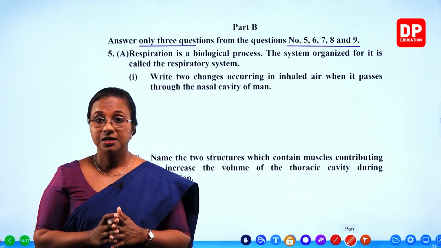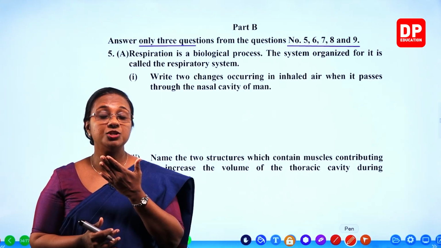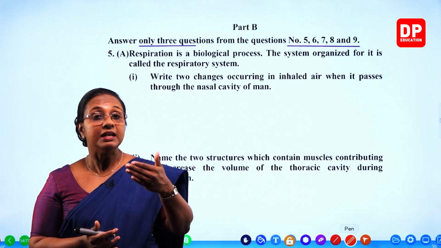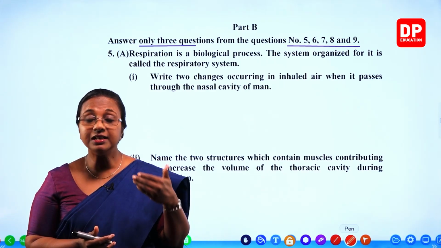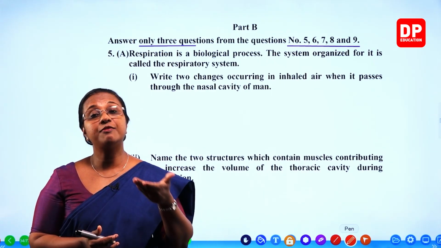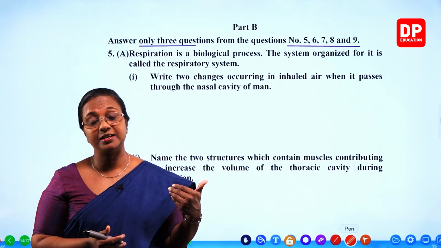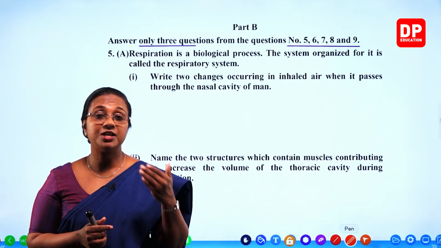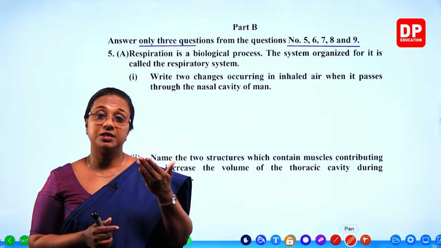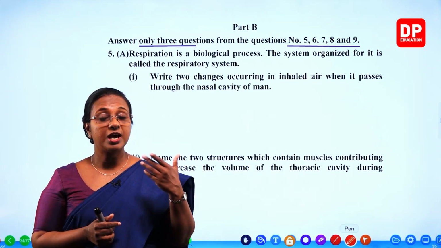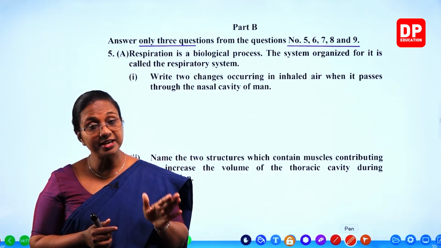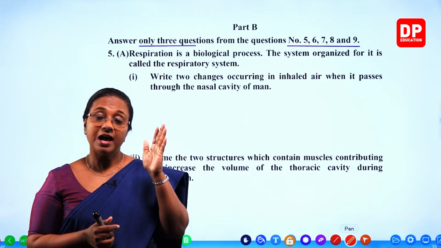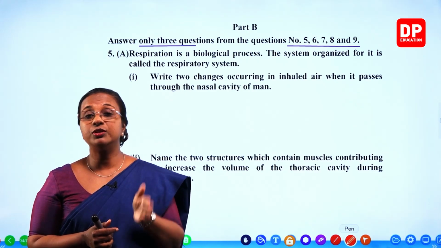That happens. So, in the nasal cavity, you all know there are the cilia that prevent dust particles and other external material from entering the respiratory tract. So that is another function. And the humidification occurs by the mucus. In addition, all these dust particles and pathogens stick to the mucus.